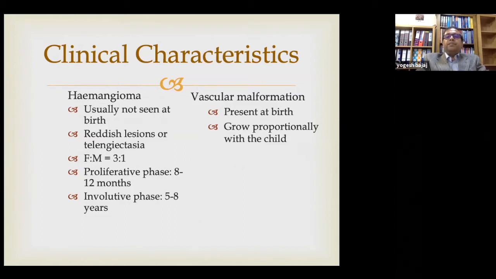They have a proliferative phase from 6 months to 12 months of age, and ultimately involute or go away on their own, but that can be up to 5-8 years of age. While on the other hand, vascular malformations are present at birth and they will grow proportionally with the child. So that's the key slide for you to be able to differentiate these conditions clinically.